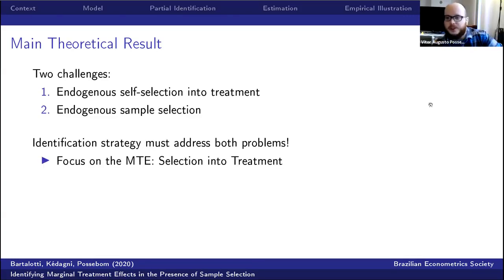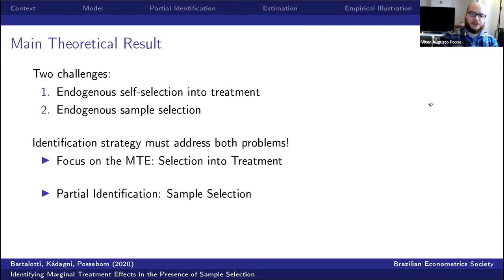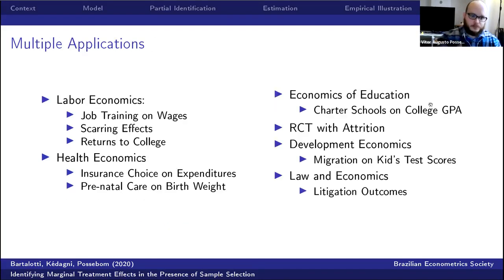In order to tackle the first problem, we focus on the marginal treatment effect, known here as MTE. And in order to tackle the second problem, we offer a partial identification strategy that will provide bounds that are uniformly sharp around the treatment parameter. I will explain later on what I mean by uniformly sharp. And by later on, it's really later on. But so far, I'd like to point out that those bounds have this nice property.